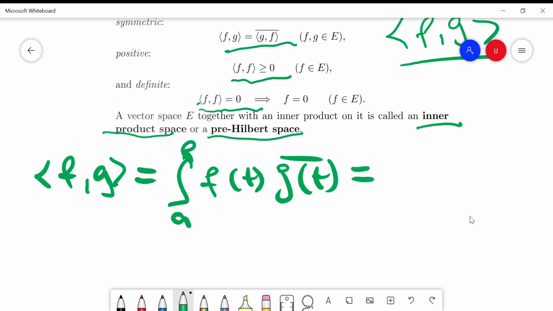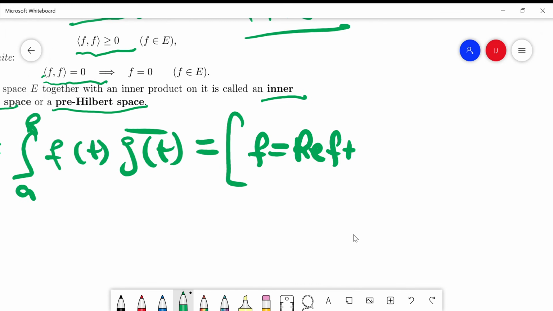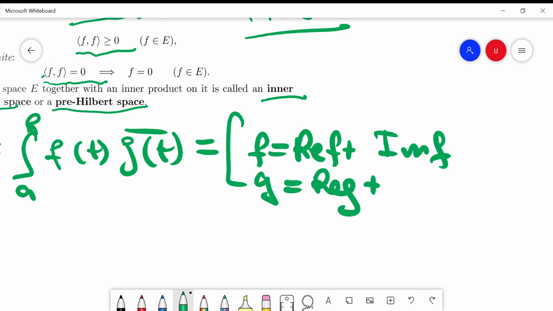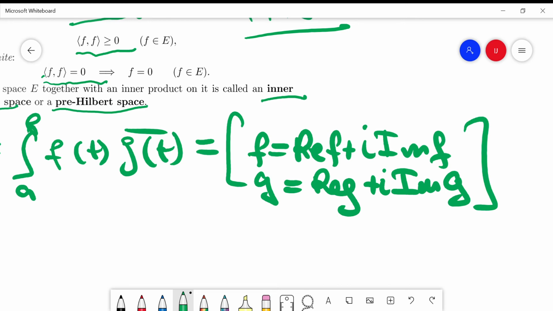Before passing to that, let's write f in this form plus this real part. Let's separate f into real and imaginary parts, and also separate the g function. Pardon, I forgot to put the i here. So we separated the f and g functions into real and imaginary parts.